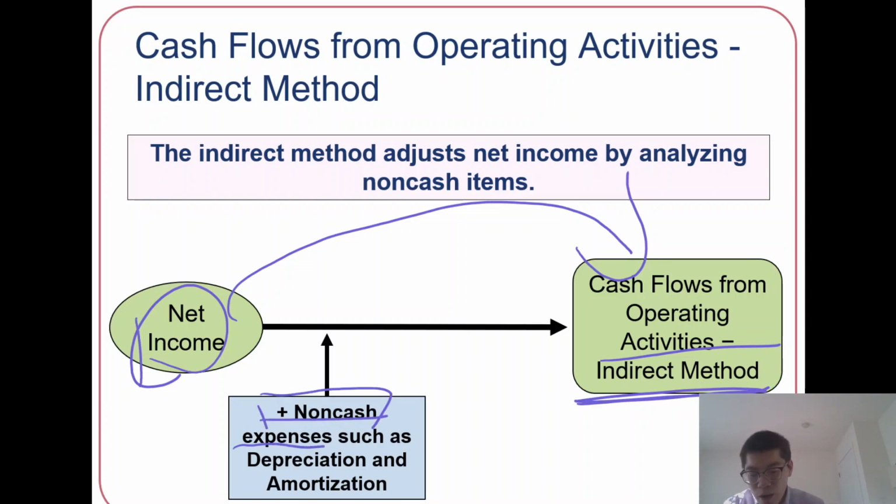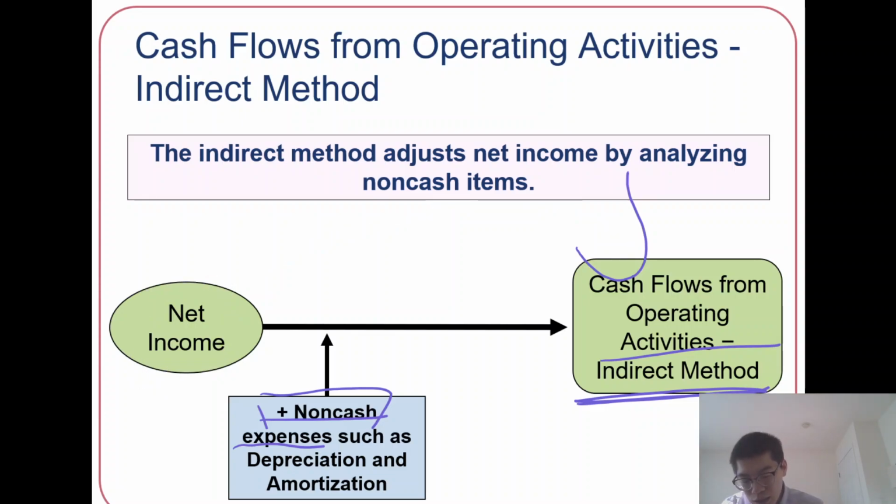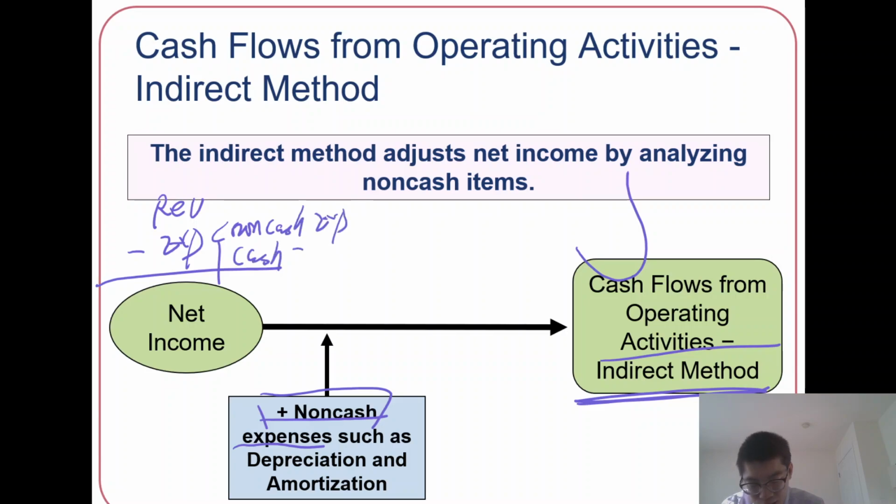Because when we calculate net income, revenue minus expense equals net income, we already subtract non-cash expenses and cash expenses from revenue to get net income, right? Even though those are expenses, they are not cash related, so they don't really change our cash balance. So we need to add all these non-cash expenses back.